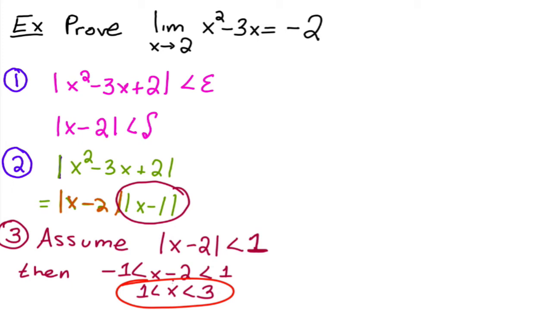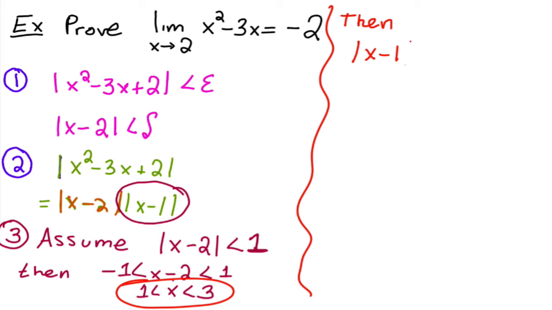So now if x is going to be between 1 and 3, then what that means is that the absolute value of x - 1 is going to have to be less than 3 - 1, which is 2. Now why 3? Well, notice that the biggest x can be is 3, so that means that the biggest x - 1 can be is 2, right?